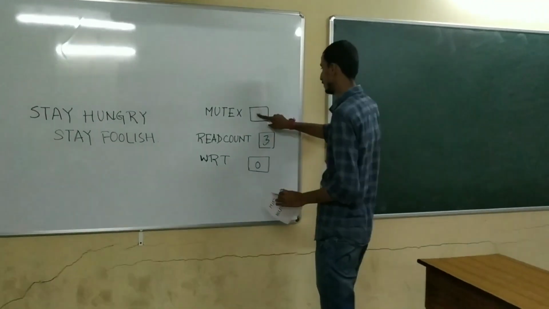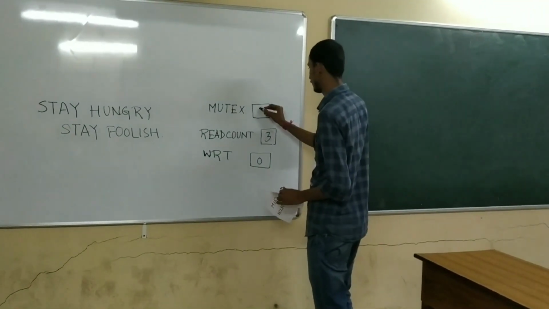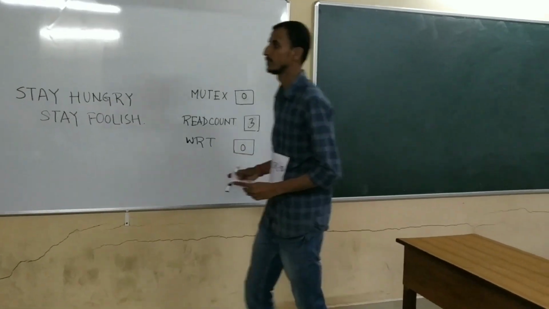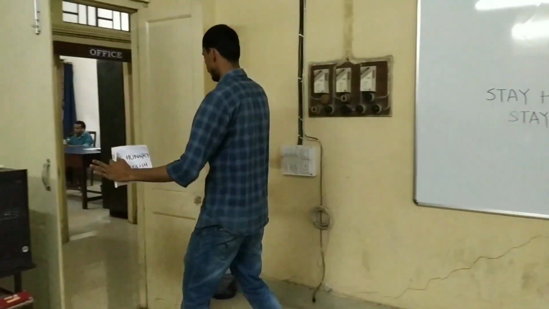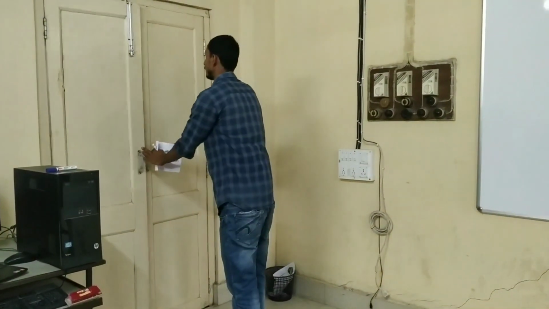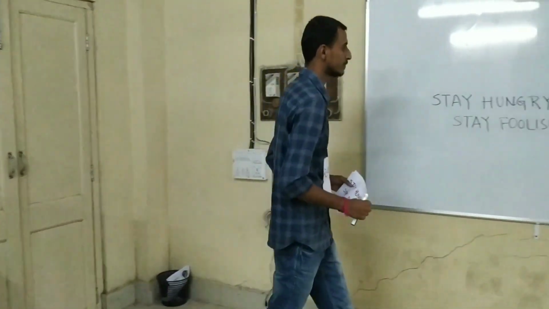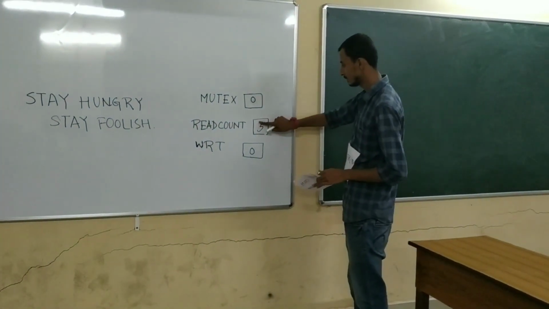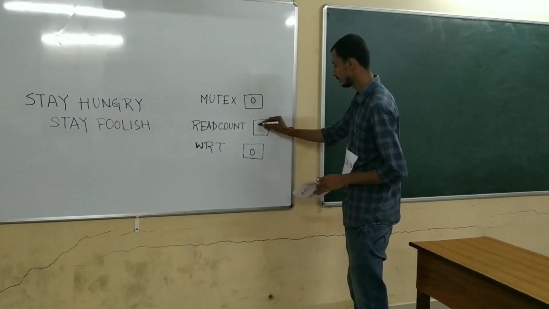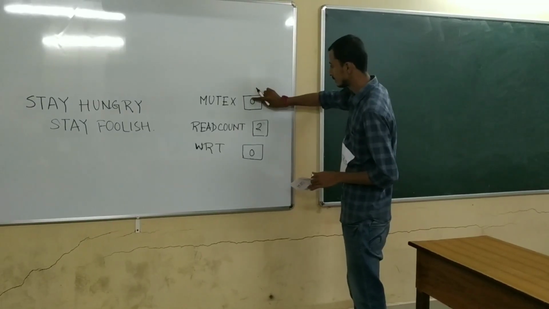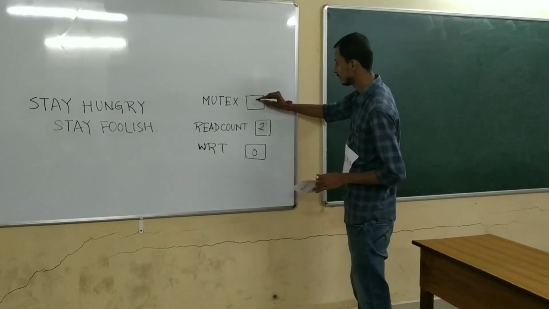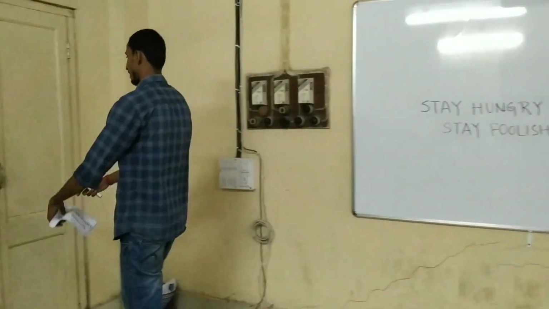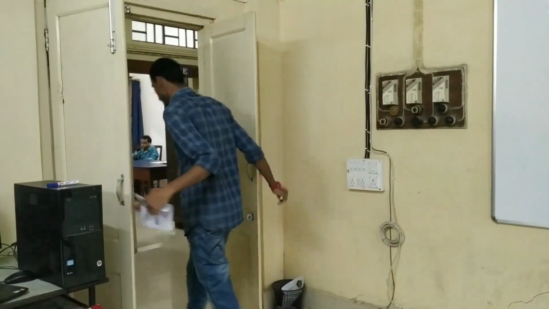Reader 3 completes his reading, so he first changes the mutex, and decrements the read count and checks if it is 0 or not. Here it is not 0, so he changes the mutex again and leaves.